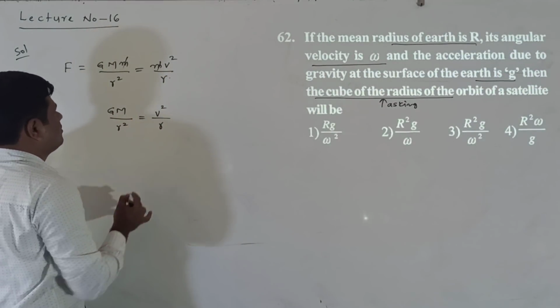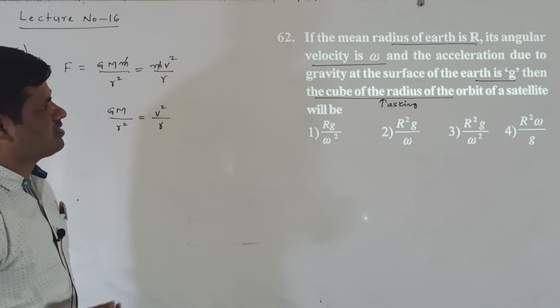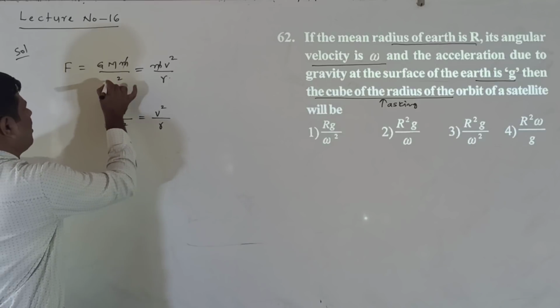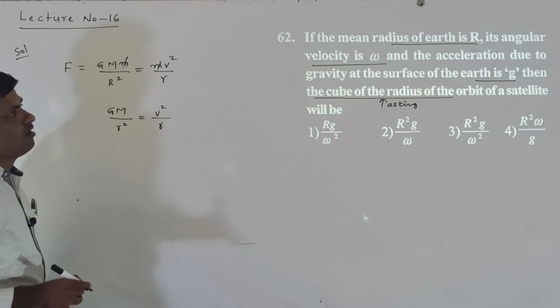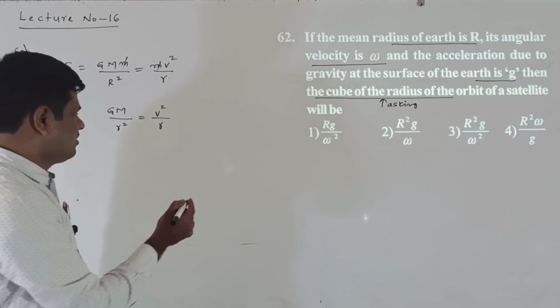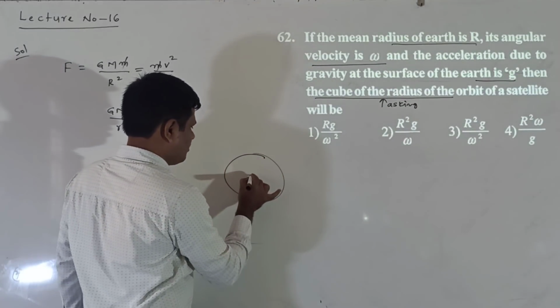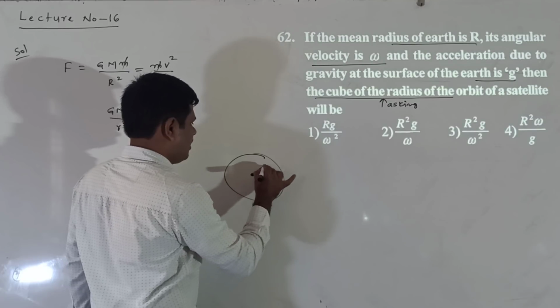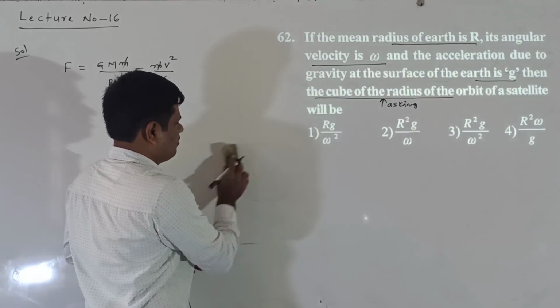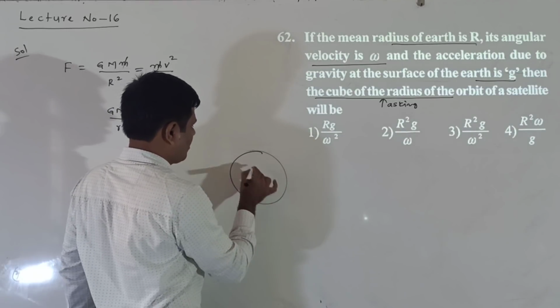Here the radius is given already, meaning a distance is given. I consider that distance as capital R, because that is the mean radius of Earth. Suppose this is Earth, and the radius is r. Suppose the satellite is on the surface.